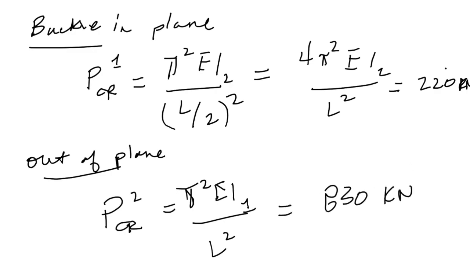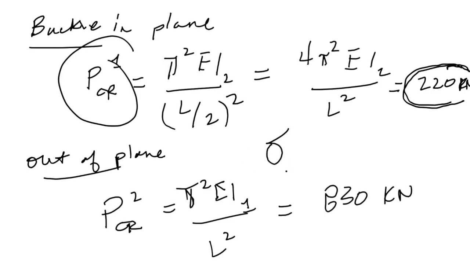So obviously, even though you have twice the support, the in-plane case still controls because it's so much weaker in bending. And so you would need to design the critical load for 220 kilonewtons. So the allowable load would be 220 kilonewtons, and this would be the one that would control.